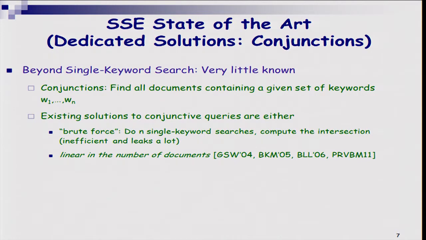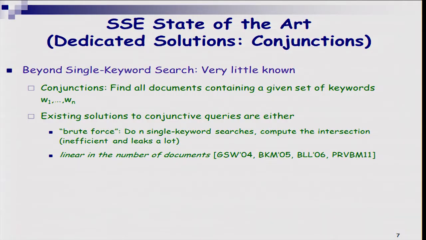Now, the solutions to this case are either brute force, what I call, which is basically to do a single keyword search for every one of the keywords and return the intersection, or the ones that are more sophisticated than that are actually linear in the total number of documents in the database.